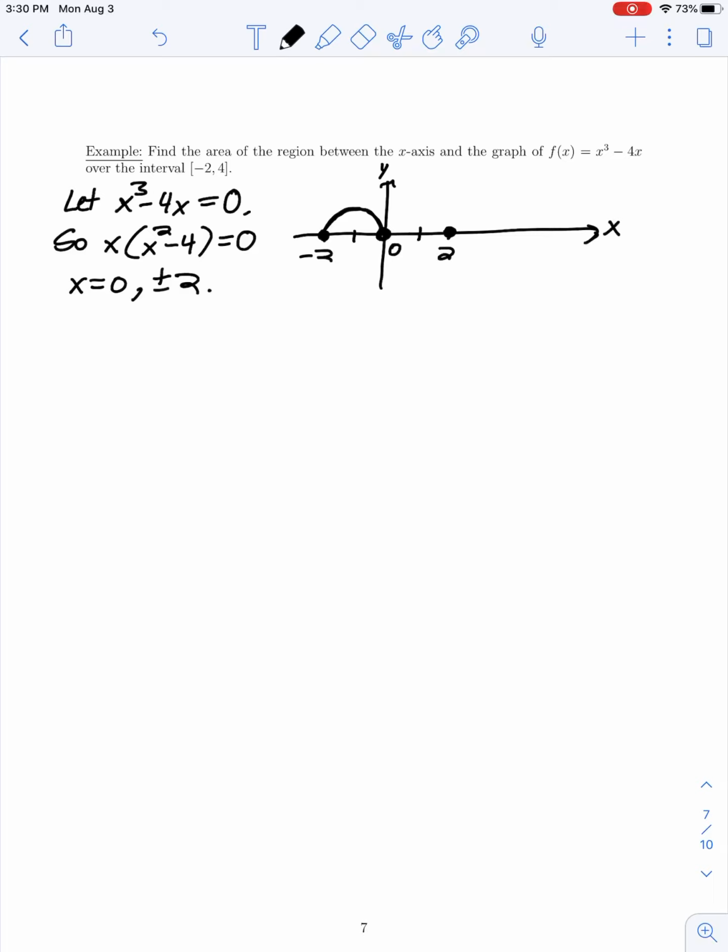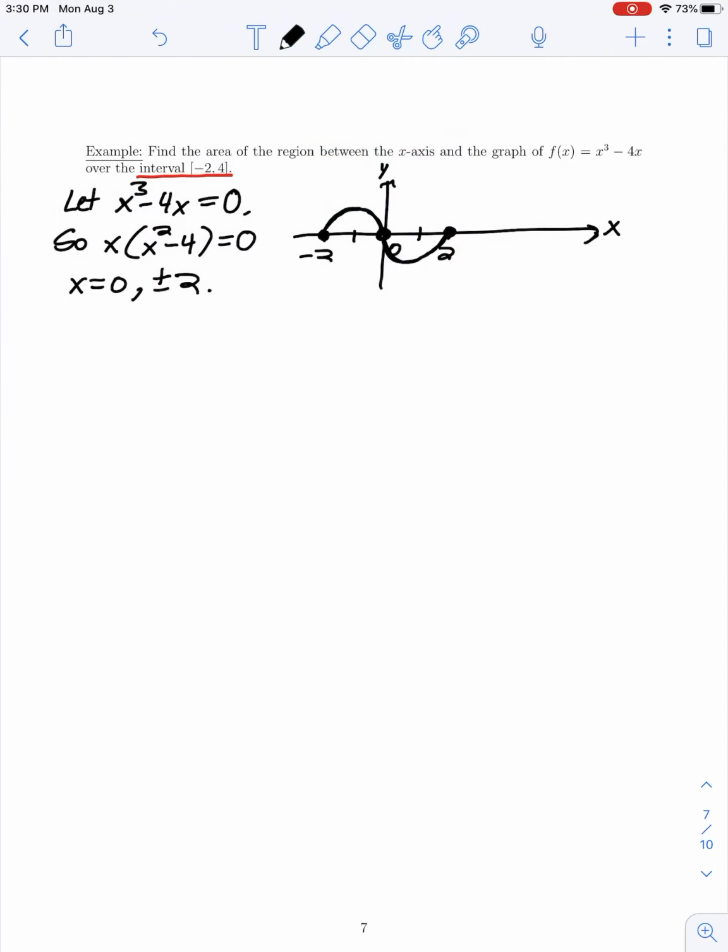Now, on the next interval, from 0 to 2, we could substitute x equals 1 into the original function. We see that we have a negative value. So I don't know exactly what the curve looks like, but on this interval, it is negative, and it has to pass through these intercepts, which we've sketched. And now we're interested in the interval from -2 all the way to +4.